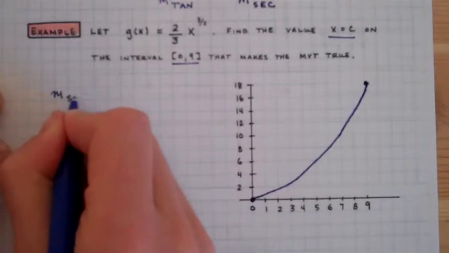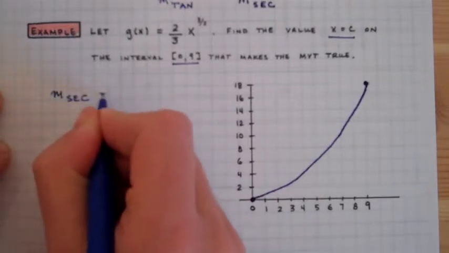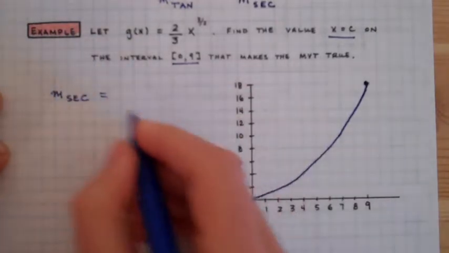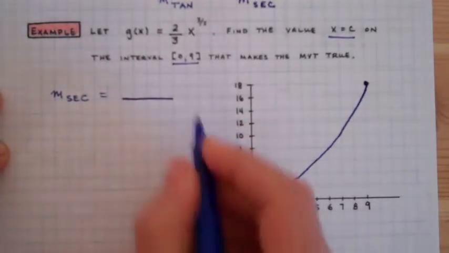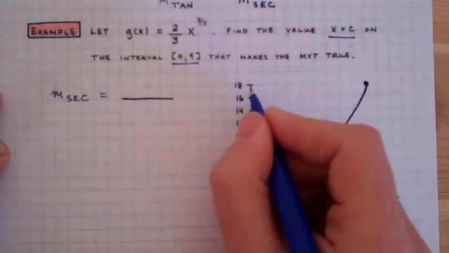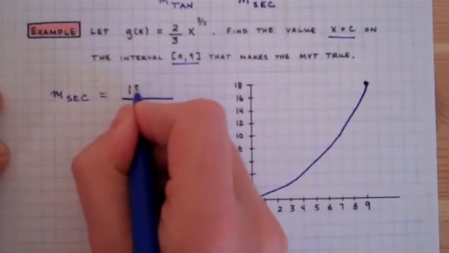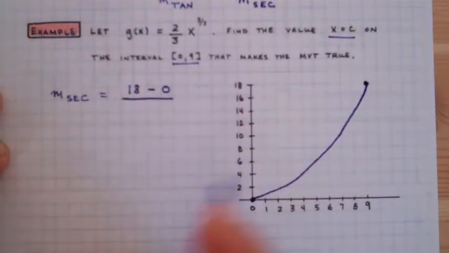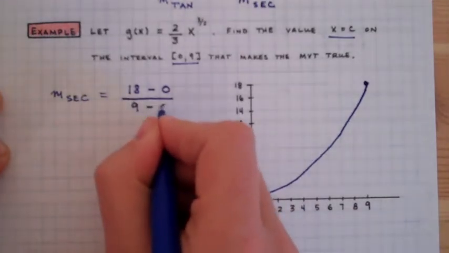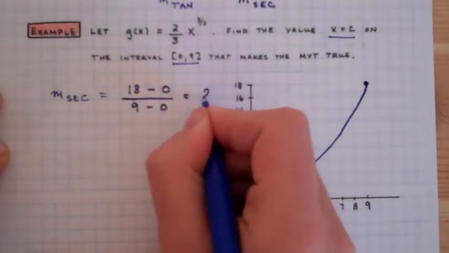So let's look at the slope of the secant. The slope of the secant in this case would be the change in the y values, which is we go from 18 to 0, over the change in the x values from 9 to 0, which is equal to 2.